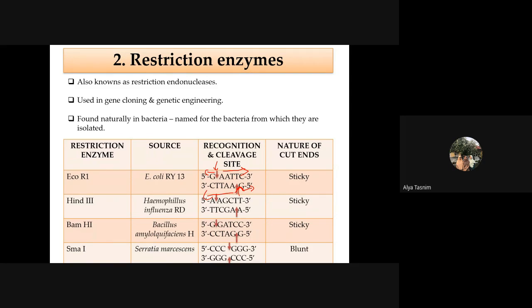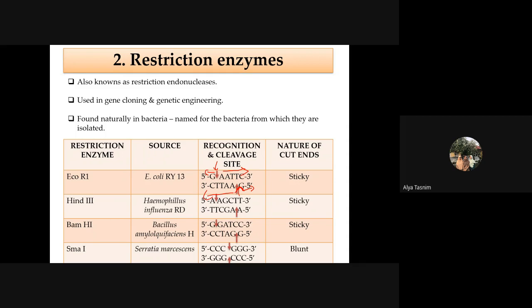So remember, you have to cut the bacterial plasmid and also the gene of interest using the same restriction enzyme so that it can produce the same sticky ends. So when you insert the gene of interest into the plasmid, they complement each other.